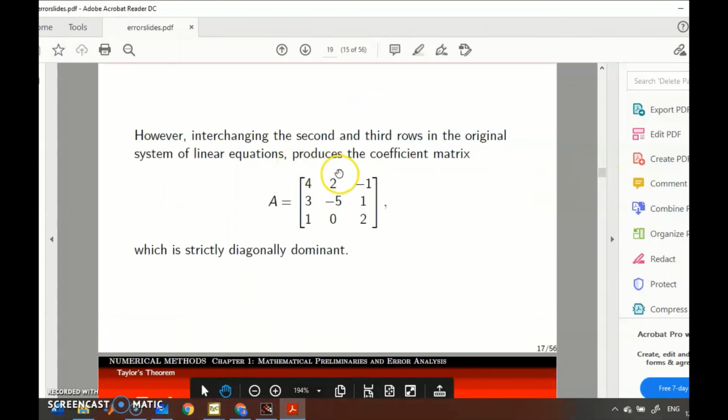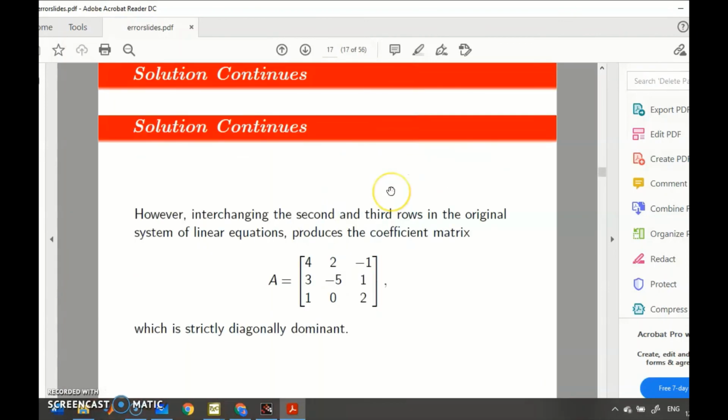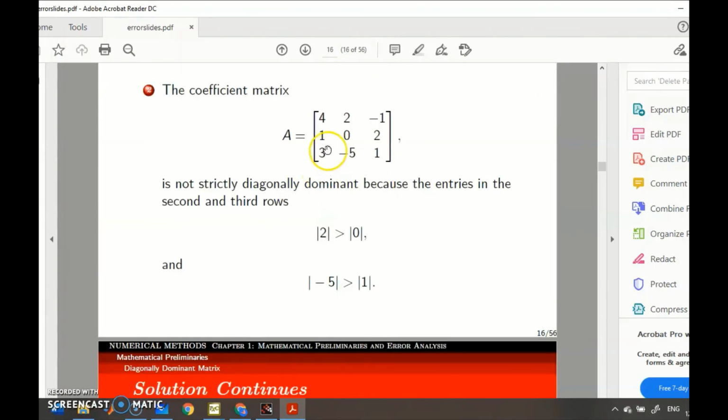So this is not strictly diagonally dominant because of the values here. 4 is greater than the absolute value of this, yes, correct. But 0 is not greater than 2. And this 1 here is not greater than the absolute value of 5. So this is not strictly diagonally dominant.